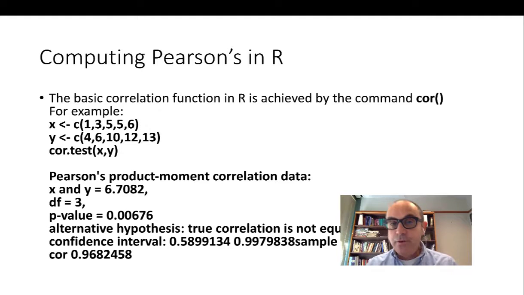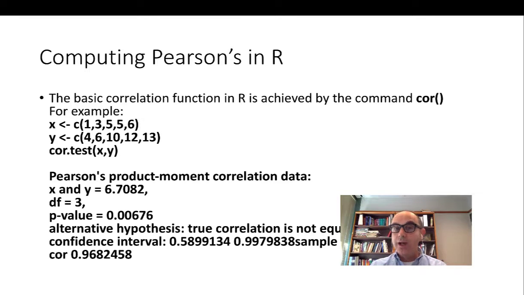In R, if we apply this, I'm going to talk about R more when I finish this subject, but here I just want to highlight how easy it is to do in R. That's why I'm so in love with R. In this case, we have two containers: the first for the values of x, the second for the values of y.